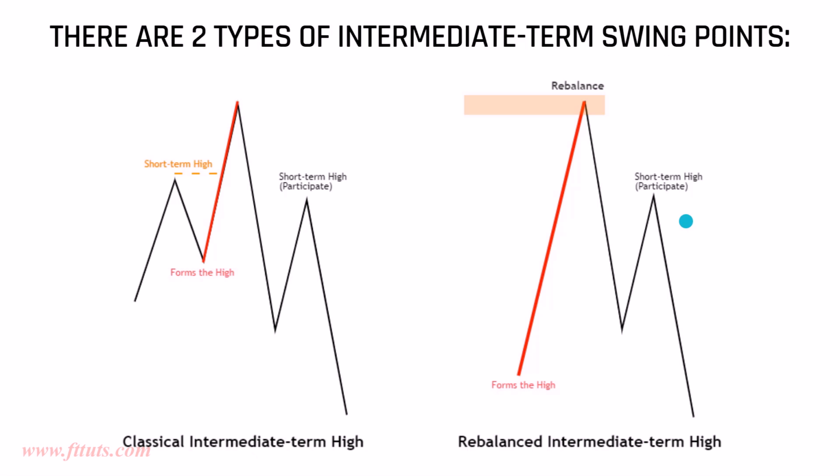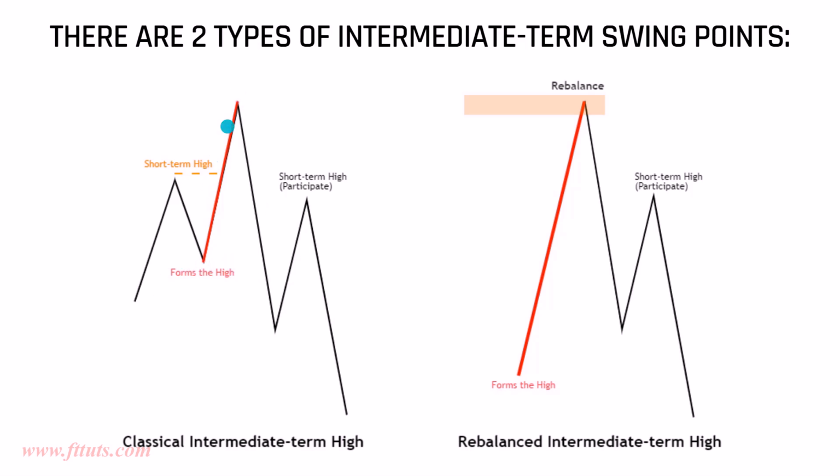There are two types of intermediate term swing points. There's a classical one and a rebalanced one. Okay, so a classical intermediate term high is when you have a short term high to the left, just a normal swing high, and you have that higher high, and then it breaks lower.